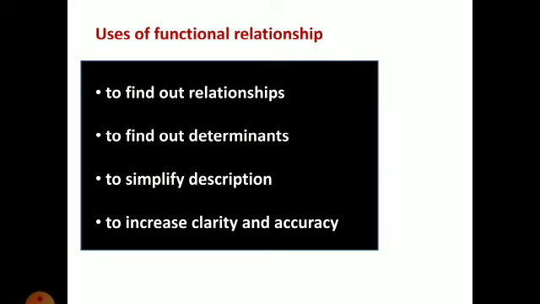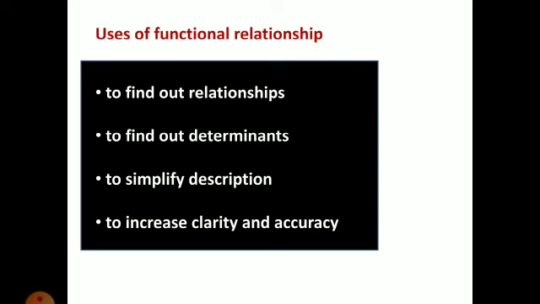And thirdly, we should remember functional relationships actually simplify the description. One function clearly passes on a number of information. Now, when we write D is equal to F of P, it says demand is a function of price.